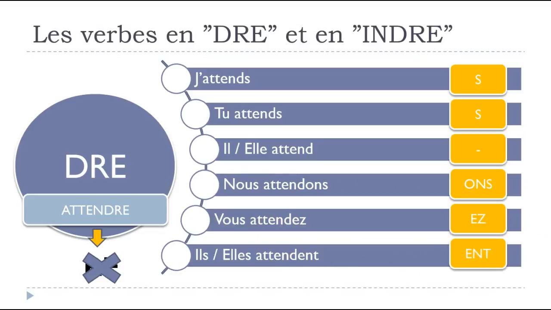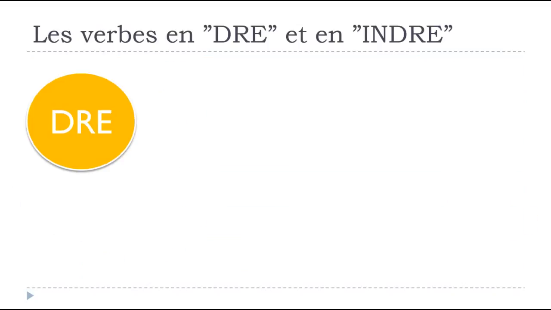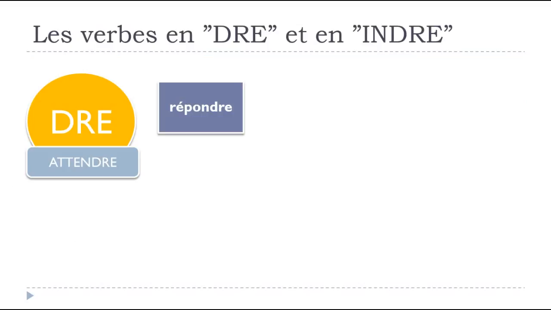So that's the way these verbs ending with dre will be conjugated. You get j'attends, tu attends, il attend, elle attend, nous attendons, vous attendez, ils attendent, elles attendent.